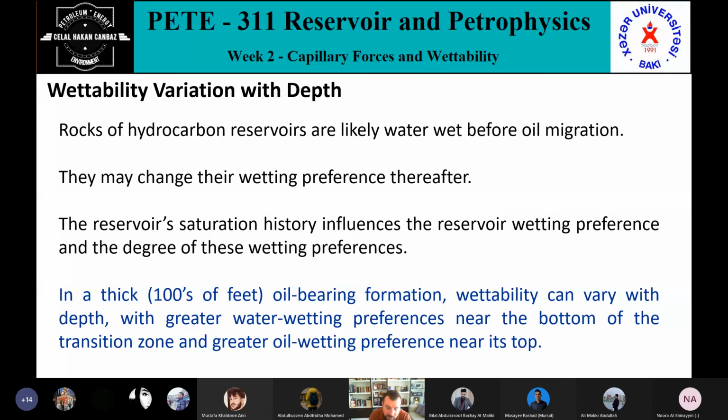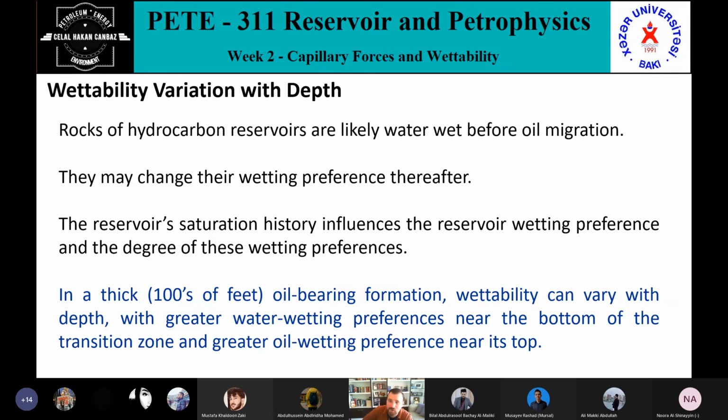That is the mechanism. The reservoir may change its wetting preference thereafter. The reservoir saturation history influences the reservoir wetting preference and the degree of these wetting preferences.